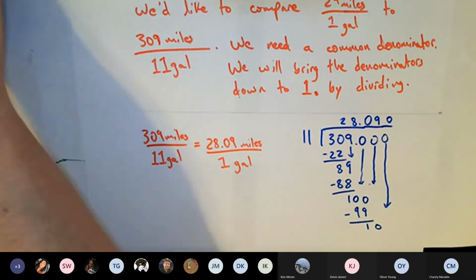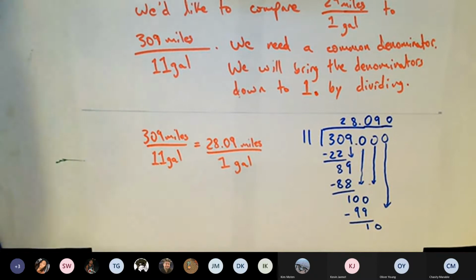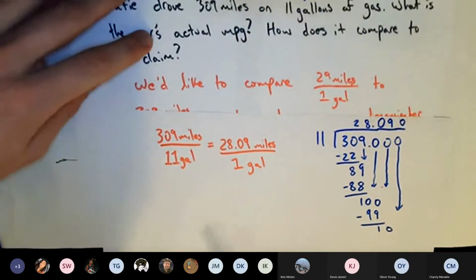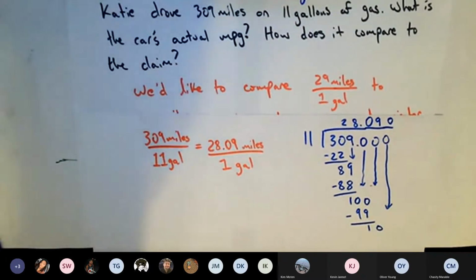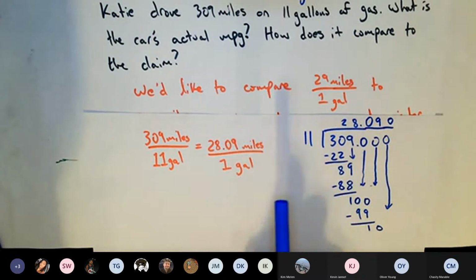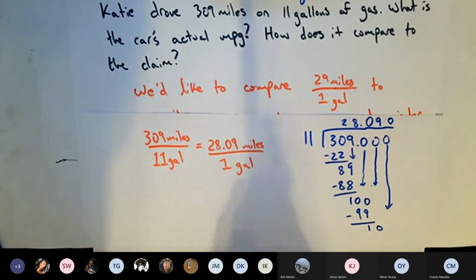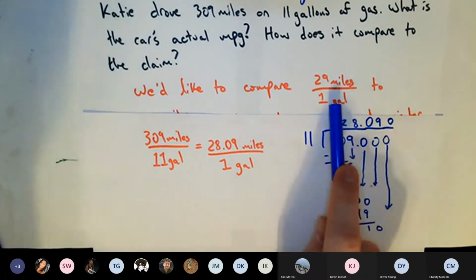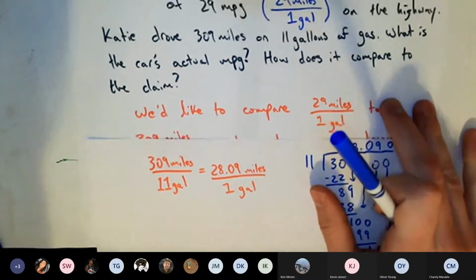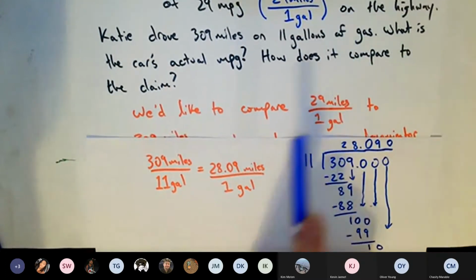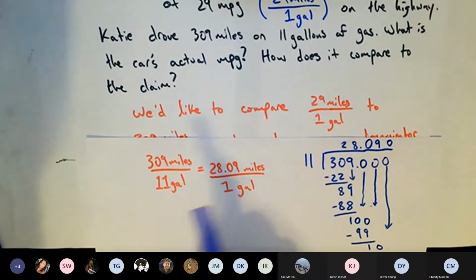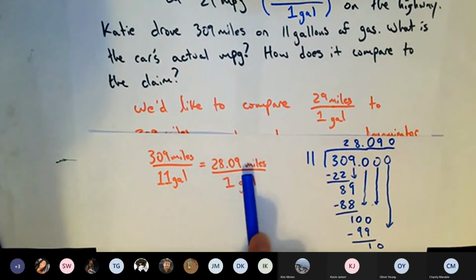28.09 miles per 1 gallon. Okay, now we can easily compare these two fractions, or these two rates, right? 29 is bigger than 28. So their claim, I mean, it's not off by much, right? Maybe we can forgive them for this, but their claim is 29, and our actual MPG is 28.09.